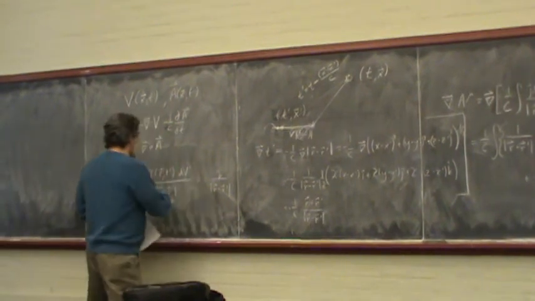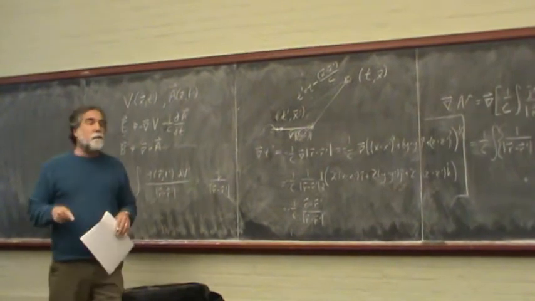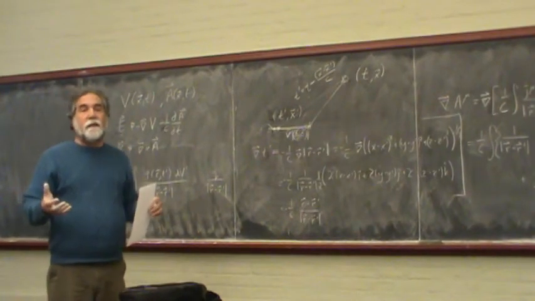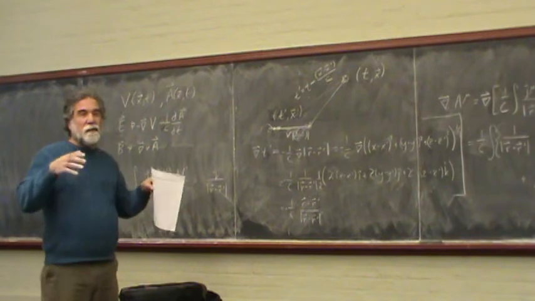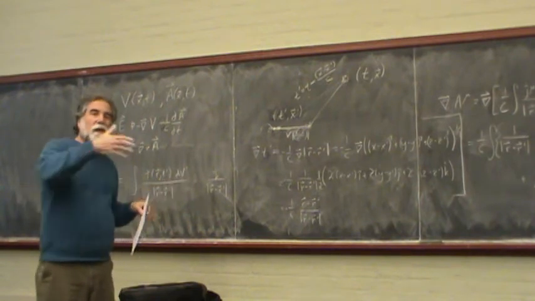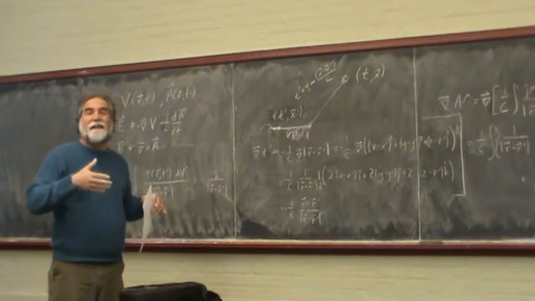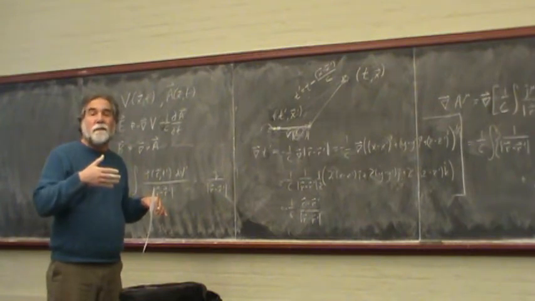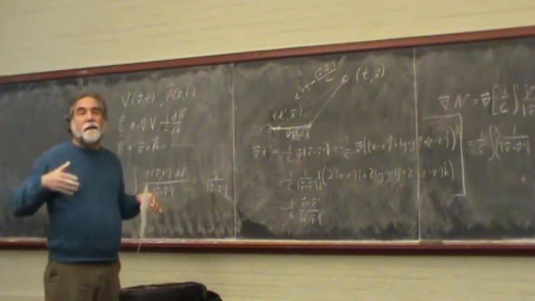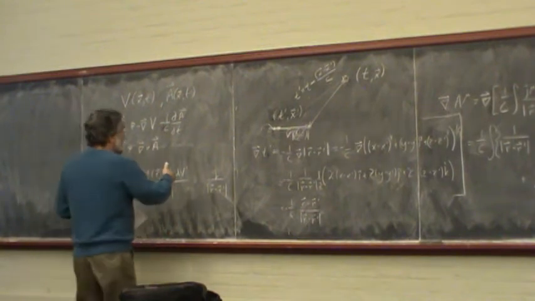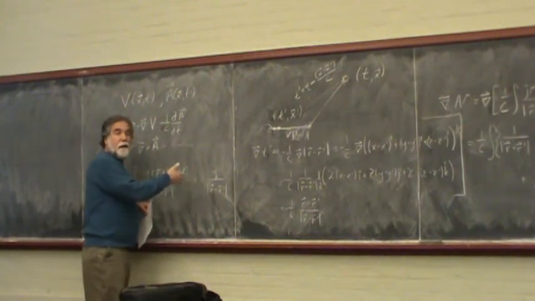We have a problem here because we're integrating over a volume, and we're integrating over this primed volume, and one side of the primed volume doesn't send its information at the same time to the observer as the other side of the primed volume.